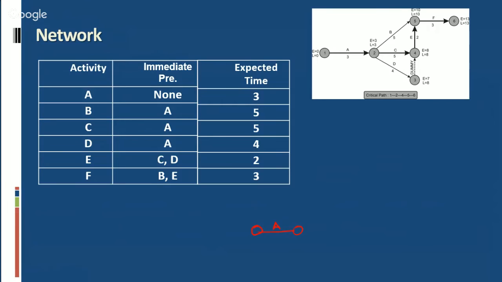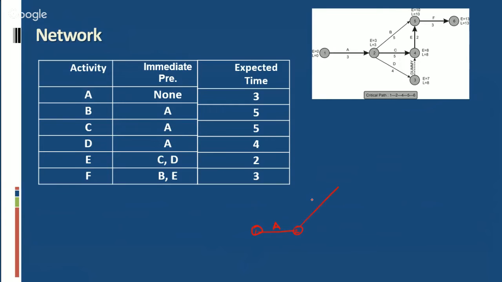An activity is nothing but a starting point, one, and an ending point, two, and the whole together is called one activity, and A represents two nodes. One is the starting point, and two is the ending point. And for activities B, C, and D, the preceding activity is A.